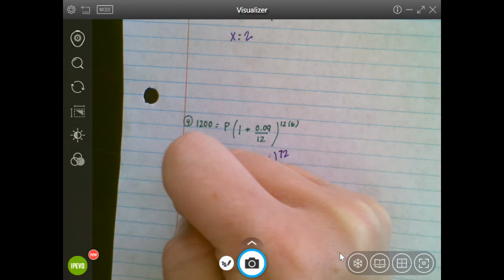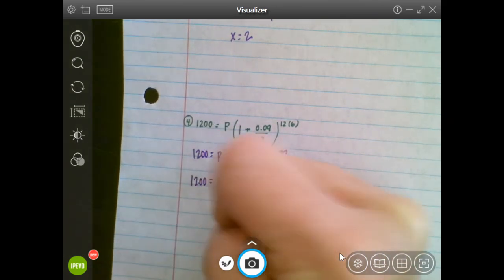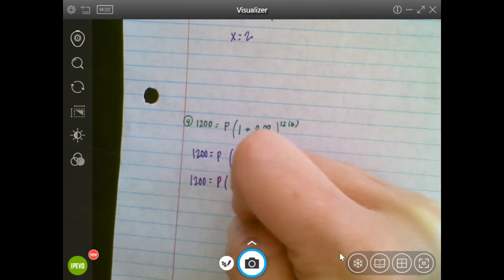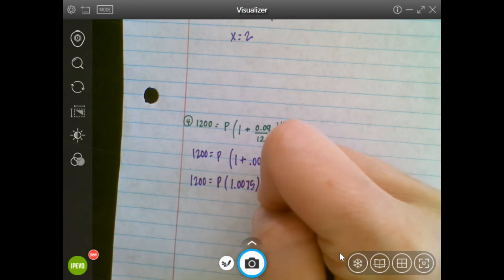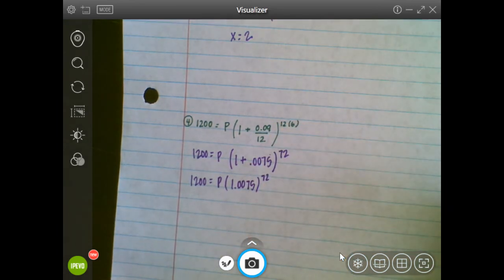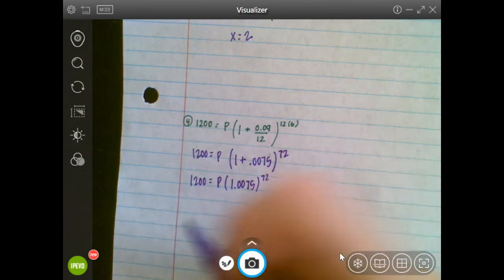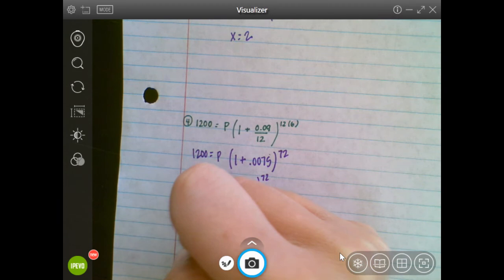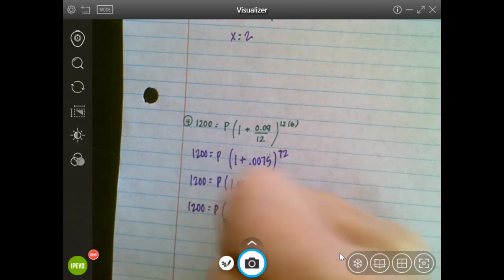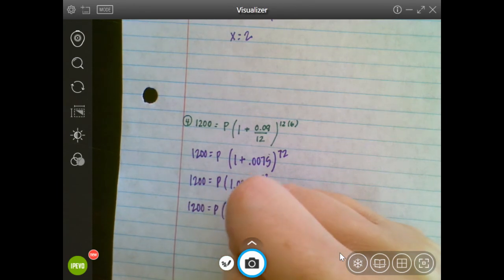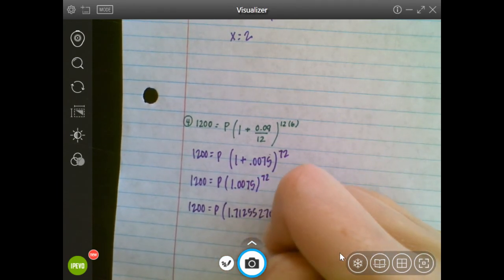So still pull down that 1200 equal to p times 1.0075 raised to the 72 power. Go ahead and evaluate that on my calculator. And that's going to get me a pretty long decimal. So 1200 is equal to p times, again, still multiplication here, 1.712552707.